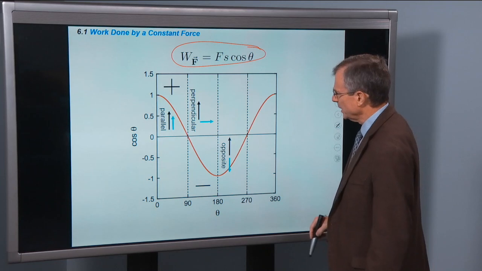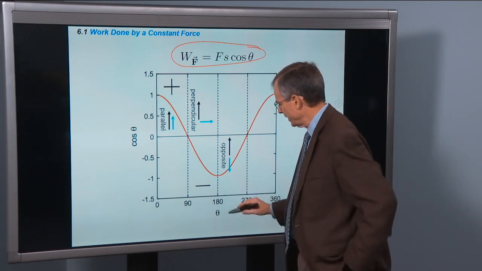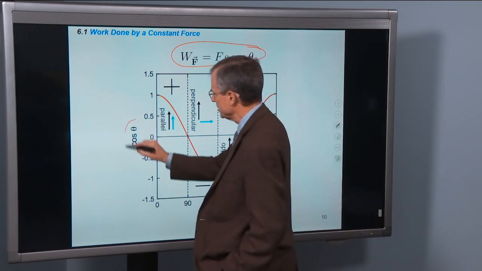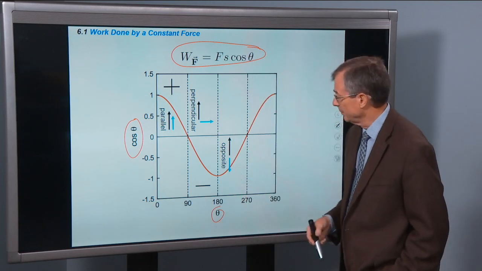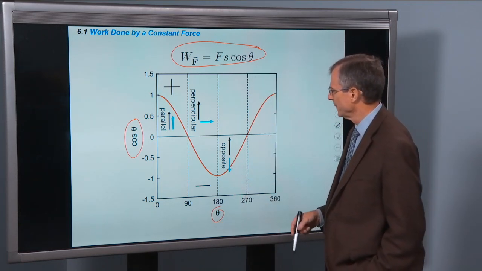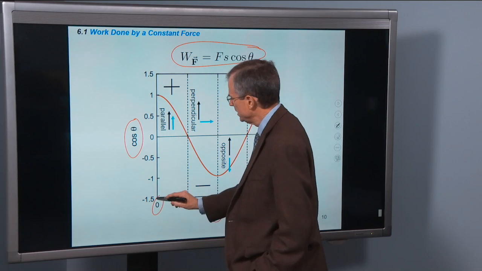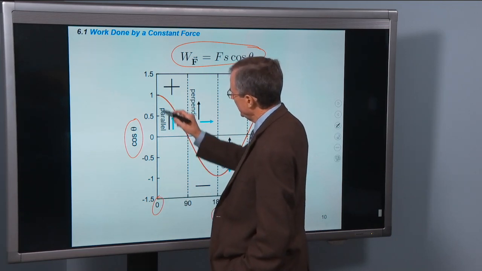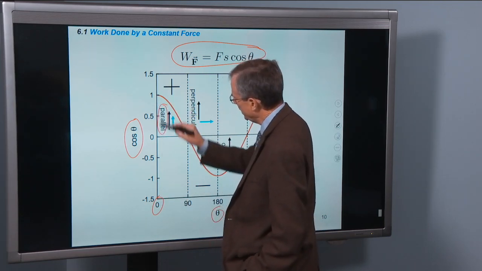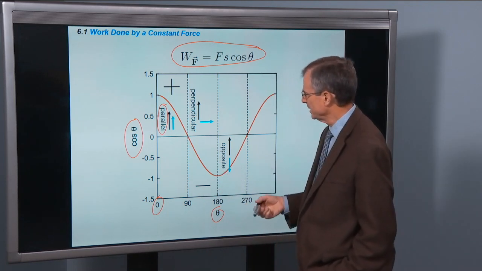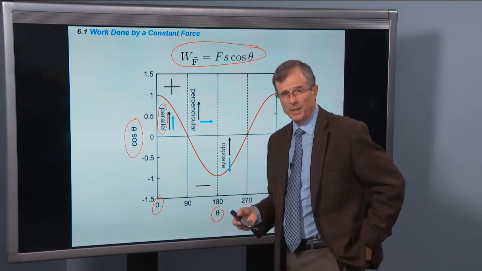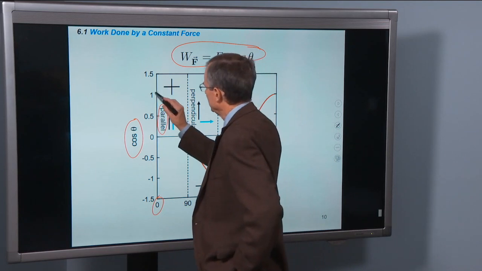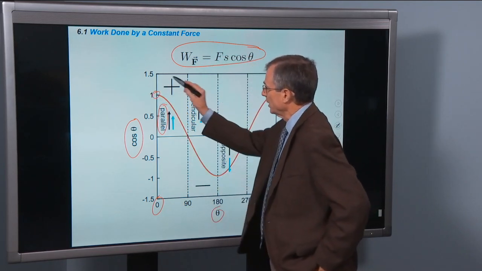If we look at that cosine of theta graph, this is exactly what I was drawing by hand on the previous slide. If theta is 0, then the force and the displacement are parallel to each other, and we get a positive amount of work.